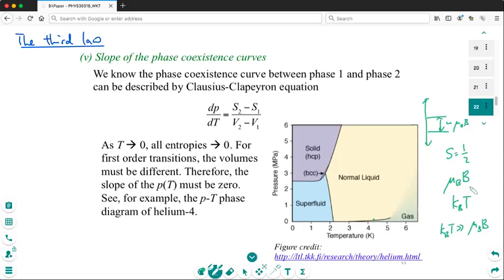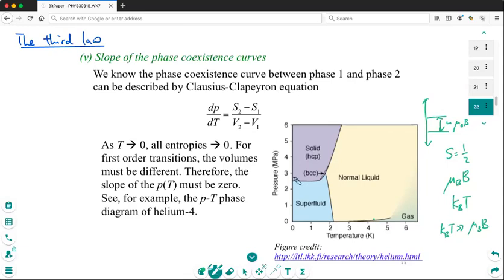Okay, S equals 0 for all processes. So this dS is the difference between the entropy when you reach the same point with different processes. Let's say you have a process like this at zero temperature, you move vertically. Of course, we cannot really reach precisely T equals 0, but you can see the limiting cases from the figure earlier.